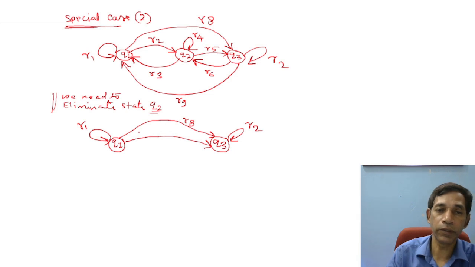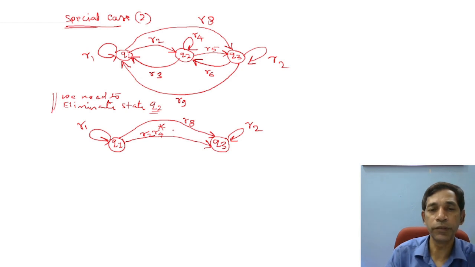You are in the state Q1, and for the regular expression R2 you are going to the state Q2, then you have R4 and you can make the Kleene star for R4, then you are going to the state Q3 for the regular expression R5.